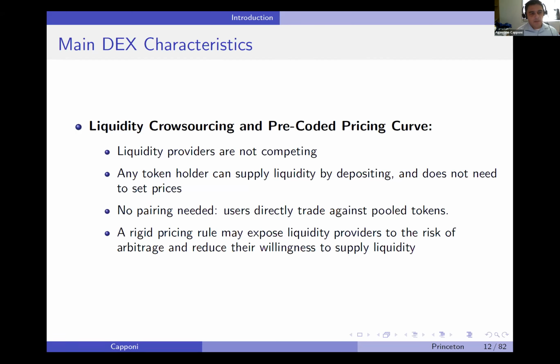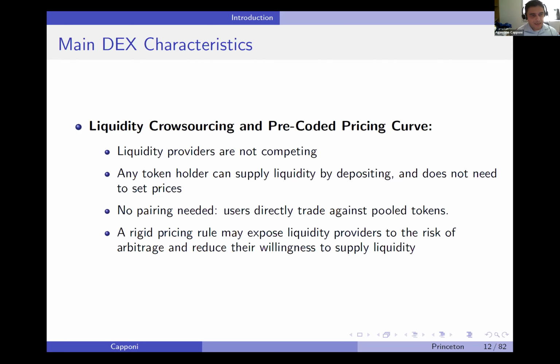And what is the problem? Of course, it seems a very ingenious structure, but there are some problems with the design of those exchanges at the moment. And one of the main problems, which is the one we are studying in this paper, is the fact that this pricing rule is very rigid. It just makes sure that the value of the function stays the same both before and after trading.